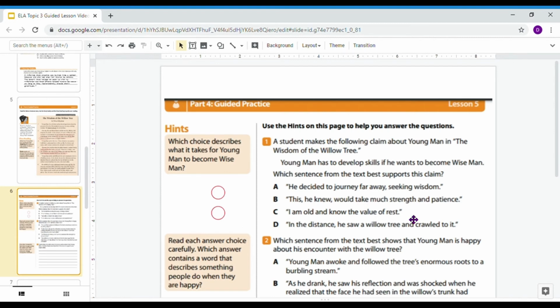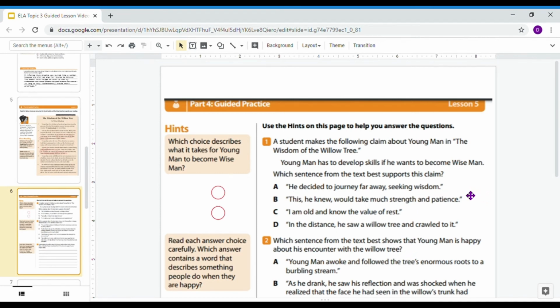And I think that for this one, I can be eliminating some answers that don't make sense. Like, in the distance, he saw a willow tree and crawled to it. That sentence doesn't make a lot of sense. It describes the character's actions. It doesn't really deal with the skill that he has to develop. It just tells us, okay, he saw it, he crawled to it. A is kind of talking about his motivation.